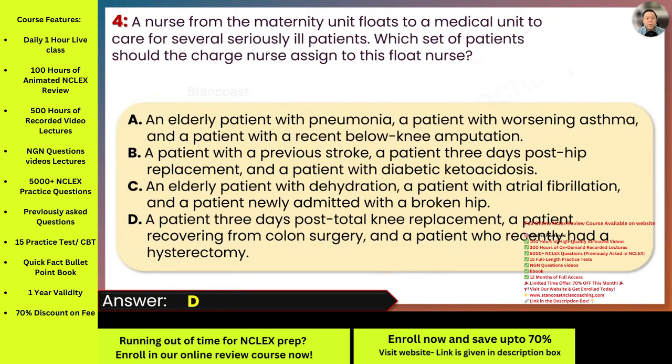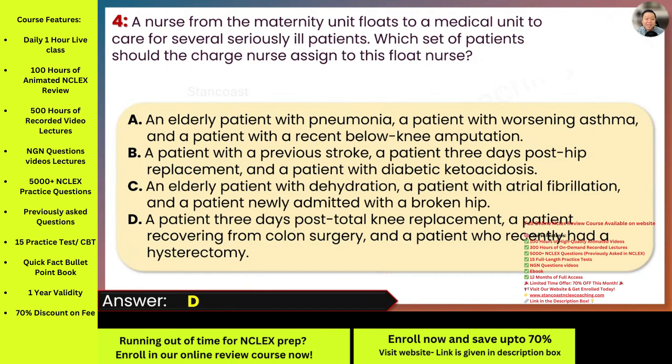And so we have options A, B, and C as incorrect choices. Let's go into letter A. Why is this incorrect? Well, we know that pneumonia and worsening asthma require frequent respiratory assessments, and also interventions like nebulizers, oxygen therapy, and monitoring for respiratory distress.